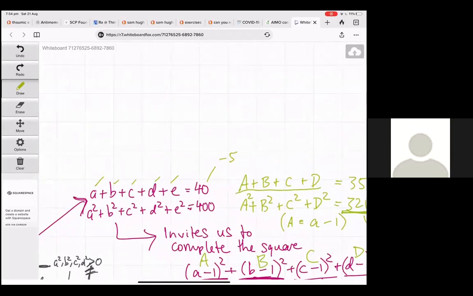So looking back over here, in general, if I'm going to do a minus k squared plus b minus k squared plus c minus k squared plus d minus k squared, then what's going to happen? We're going to get all of them squared.